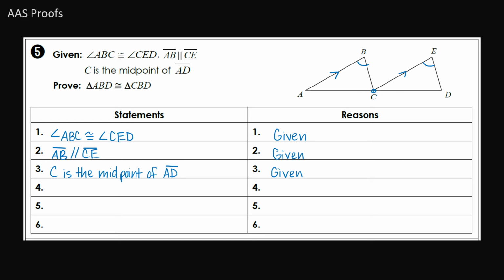They're the middle point of the segment. So if that's true, then we can prove that segment AC is congruent to segment CD. And that's true because it's the definition of a midpoint.